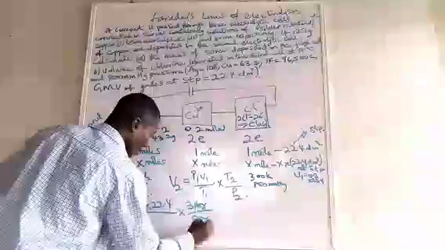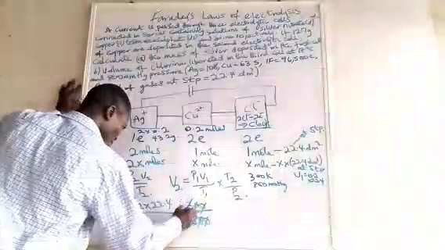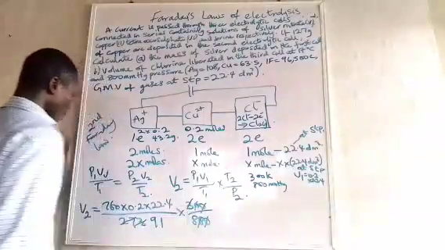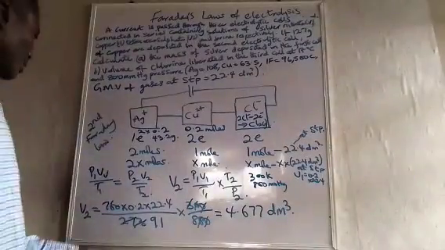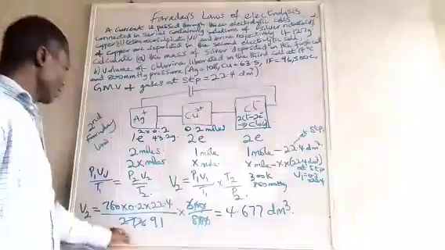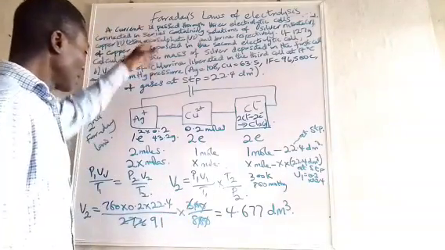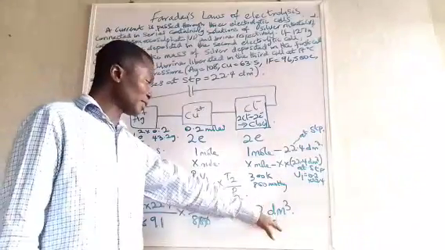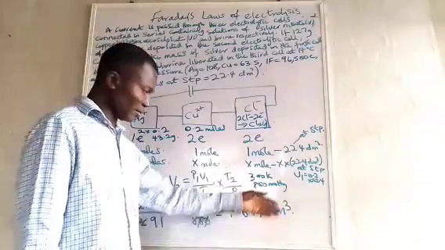So this one can cancel. I also use this one to cancel this. This one can cancel. This one is 91. It also can cancel. Let's just use calculator. So you can see under the condition when temperature is 300 K, 17 degrees Celsius, and pressure is 800 mmHg, the volume liberated is 4.677 dm cube.